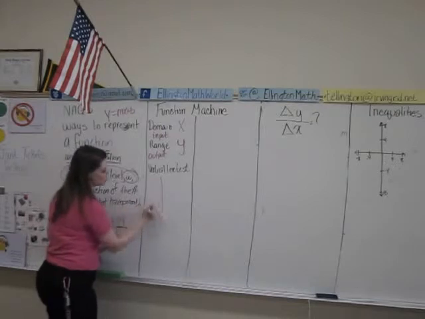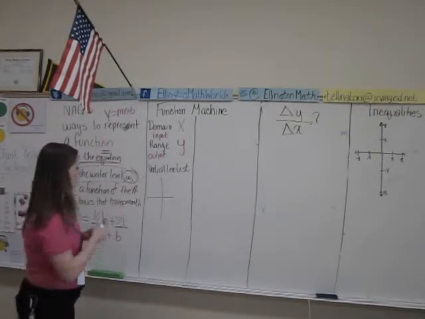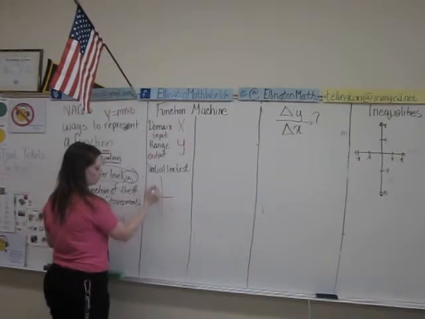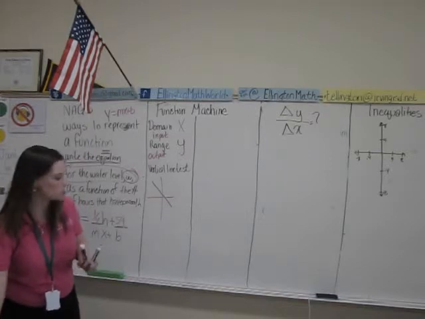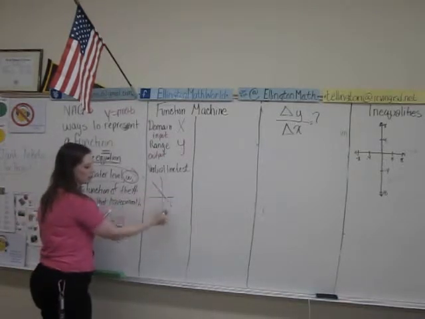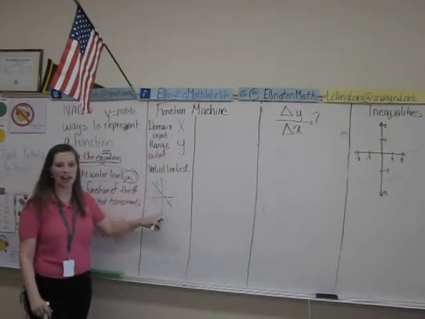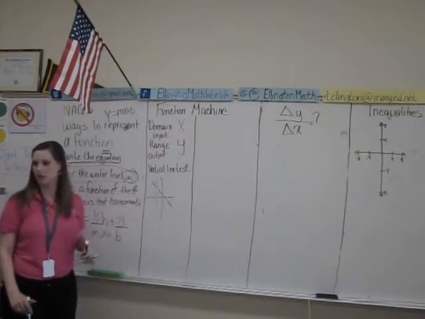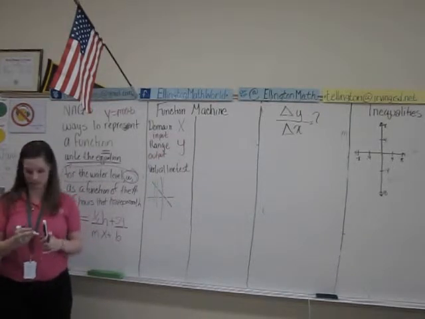So, for example, say I have that graph right there, and I do my vertical line test. I'm going to use green. My vertical line test, I just draw a vertical line anywhere on the graph. How many times does it cross that black line? Once. If it crosses the graph one time, then it's a function.